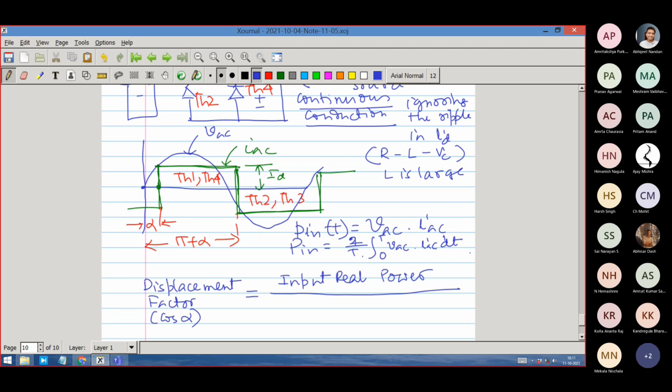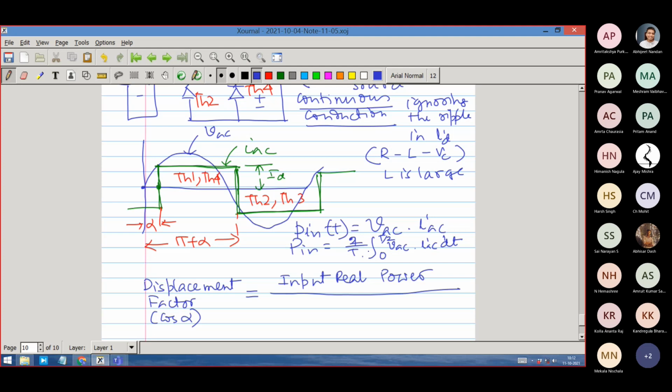So this is the input power. You just integrate, because it's a periodic waveform, you need to only integrate for half the period, and whatever value you get is the input power, V in into I in, integrated over that period.